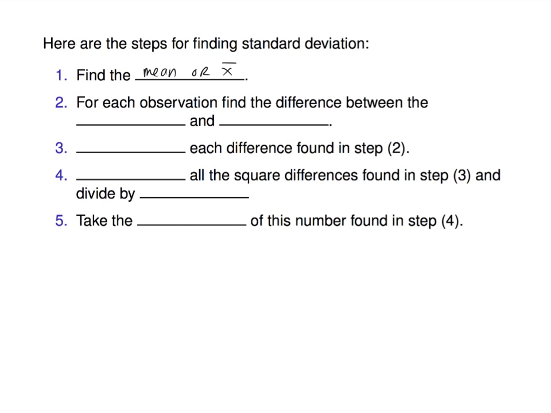And then for each observation you have, your data points, you find the difference between X sub I, your actual point, and X bar. And then once you've done that, you square them all.